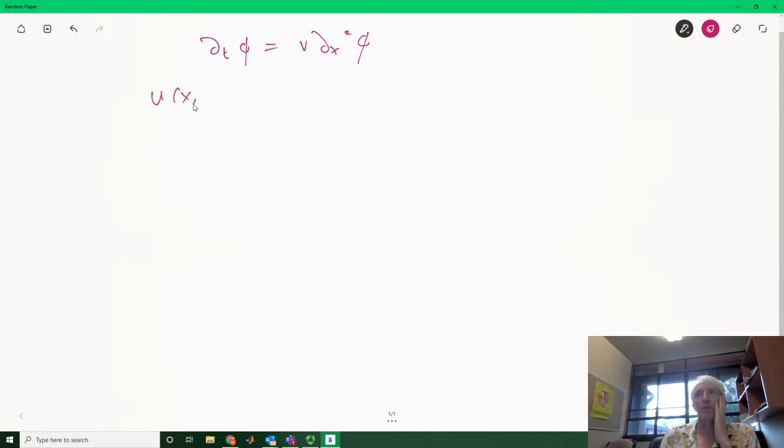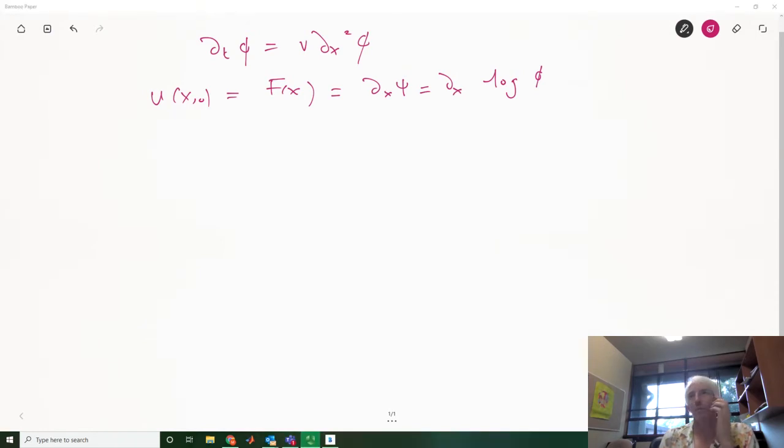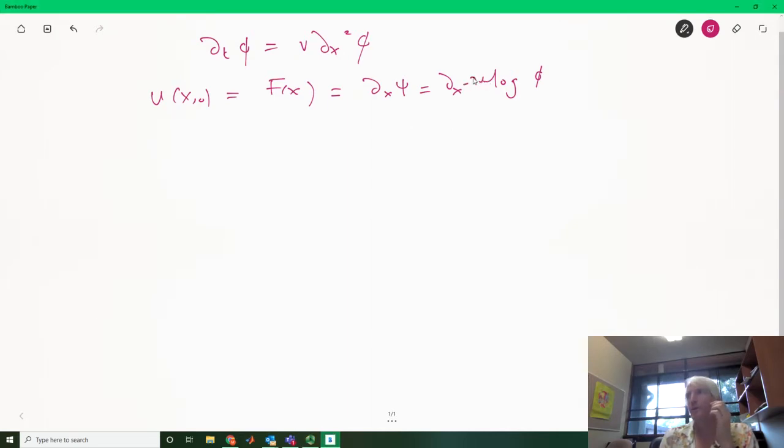So remember we had u of x comma 0 was equal to f of x. But we also had that u of x comma 0 was the x derivative of psi, which is the x derivative of minus 2 nu log phi.